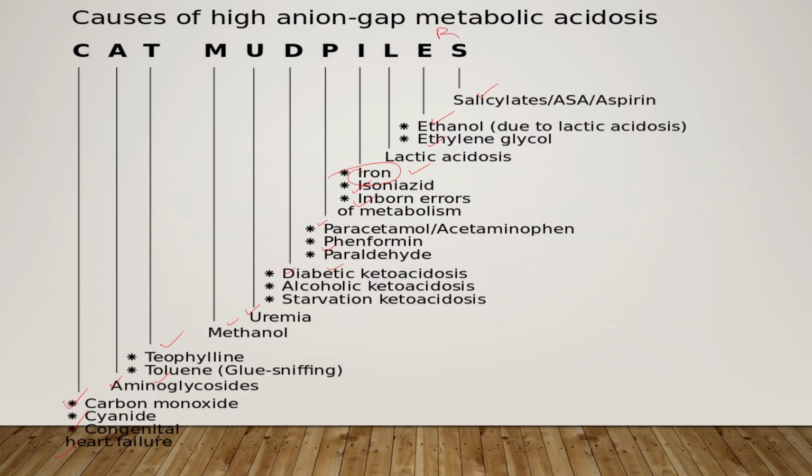If we add up here, it becomes MUDPILES, which gives rhabdomyolysis.